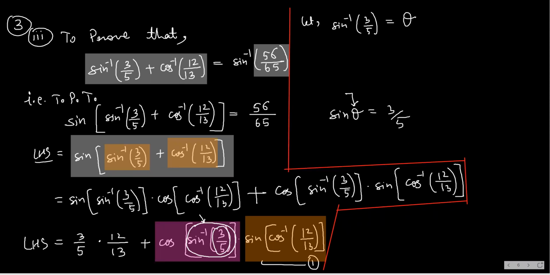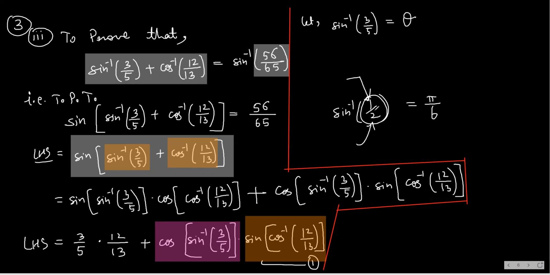Here we are finding difficulty in writing sine inverse of 3 by 5, because we do not know the angle for which sine is 3 upon 5. For example, sine inverse of 1 by 2. This one you don't find difficult, because you know the angle for which sine has value 1 by 2, and that angle is 30 degrees, pi by 6. So this number is very important for us.